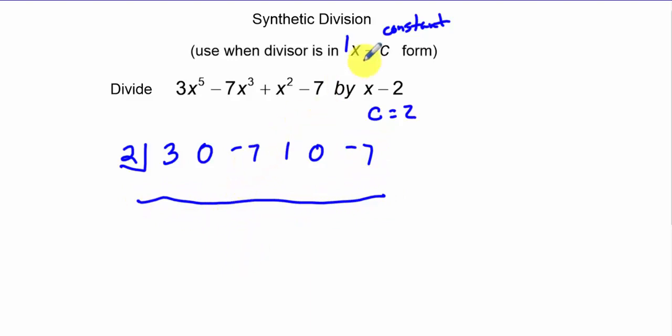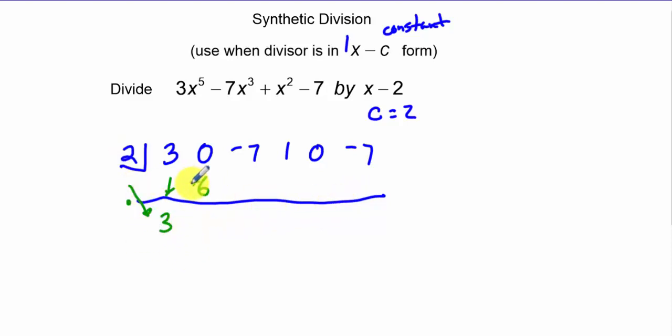Our next step is going to be a repeated process. Well, actually not. The first thing we do is we're going to bring down the first term, and then we will do a repeated process. That process is on the diagonal. We will multiply this holding pattern number, if you will, by the term down under this line we drew. So that gets me a 6.